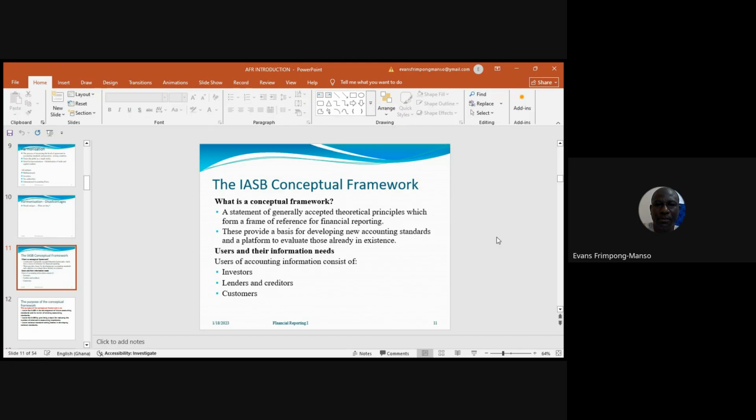Some of them deal with the uses of the financial information. When we started, I told you when these financial statements are prepared, they are prepared in favor of users. So the conceptual framework spells out the uses of this financial information and the information that they need from the financial statements that management has prepared.